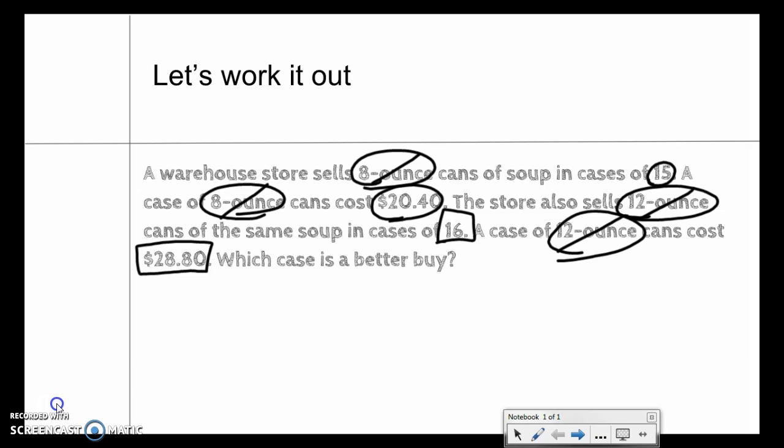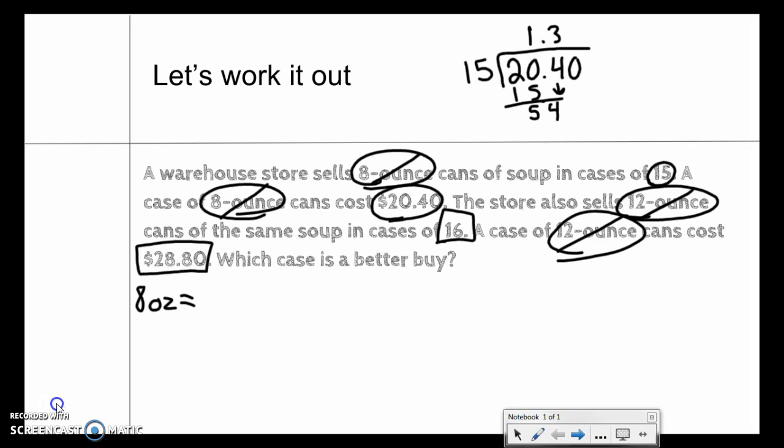Since we're finding price, our price is going to be our dividend, $20.40. Our unit, which is the amount of items there are, is going to be our divisor. Right now, we're trying to figure out how much each 8-ounce can costs. Okay? So, you need to divide. 15 goes into 20 one time. The remainder of 5, bring down your 4. 15 goes into 54 3 times.